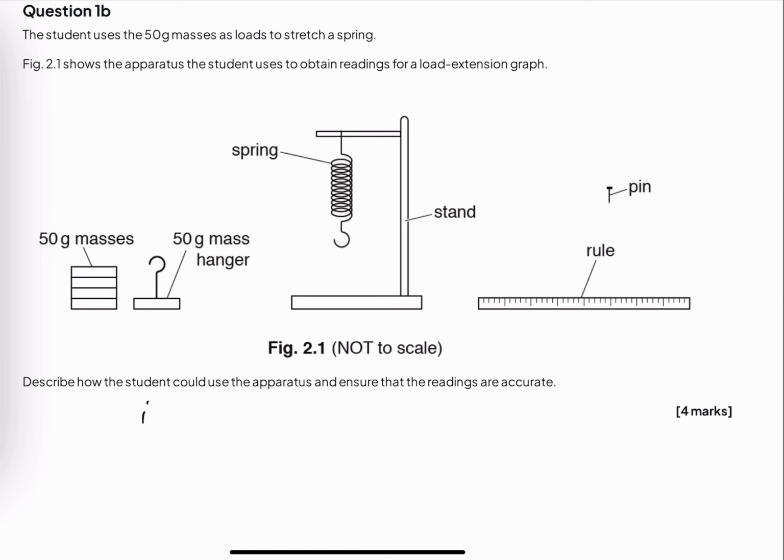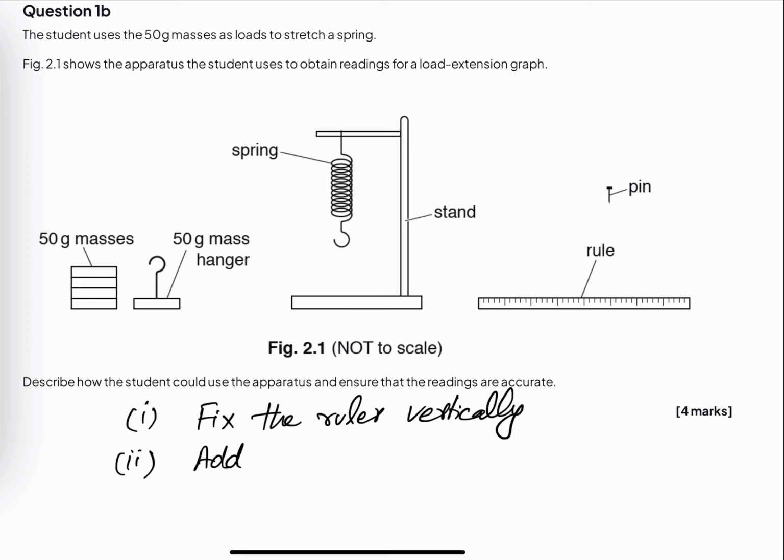Okay, starting with the first one, we can write: fix the ruler vertically. Second point can be, it's a second step, add masses to the spring.